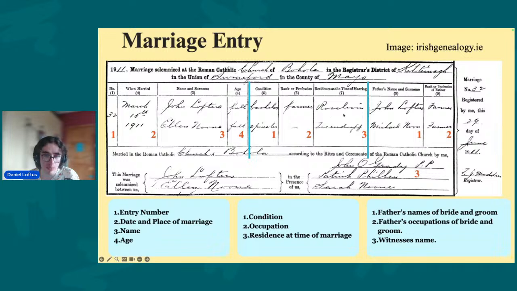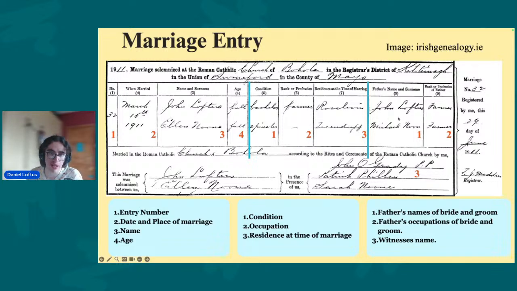Then there is some information about where they were living at the time, which does help, especially if you're looking for people with very common names. Sometimes a location can be an instrumental piece of information when trying to find your ancestors in civil records or something else.